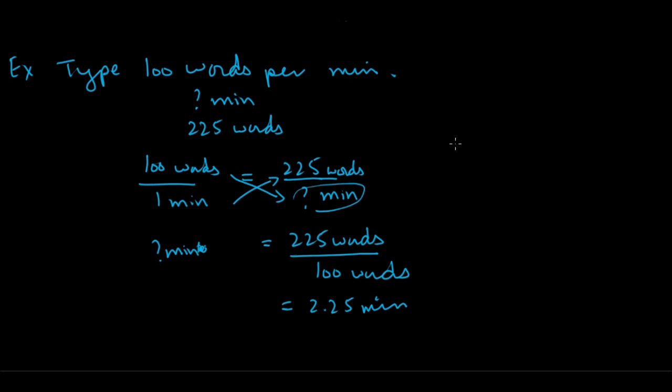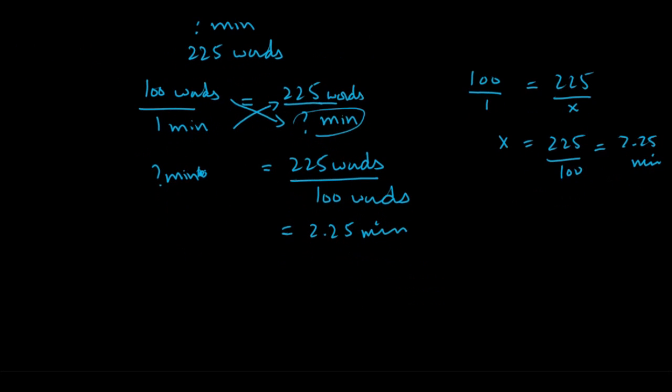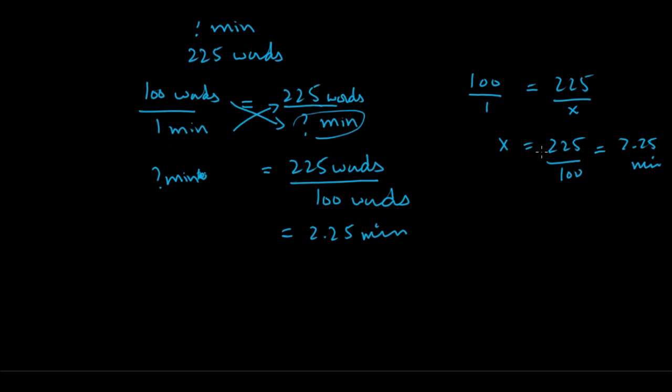Another way which in some instances might suit is if we write x for the unknown, which is the minutes. Then x equals 225 over 100 equals 2.25 minutes. Same thing, exactly the same thing, except we have x, which might help in keeping track of things.